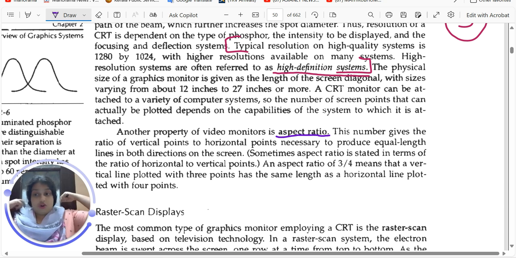Another property of a video monitor is aspect ratio. This number gives the ratio of vertical points to horizontal points necessary to produce equal length lines in both directions on the screen.